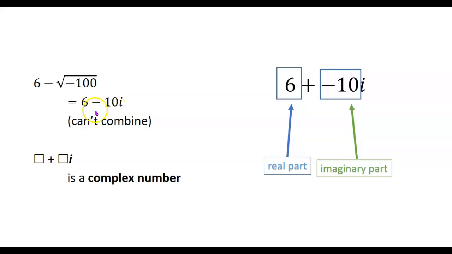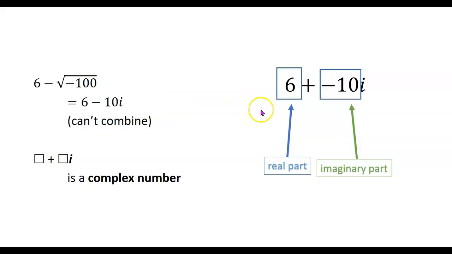And something like that, 6 minus 10i, is an example of what's called a complex number. And here complex means that it has more than one part. So whenever you have something plus or minus something else times i, that's a complex number.